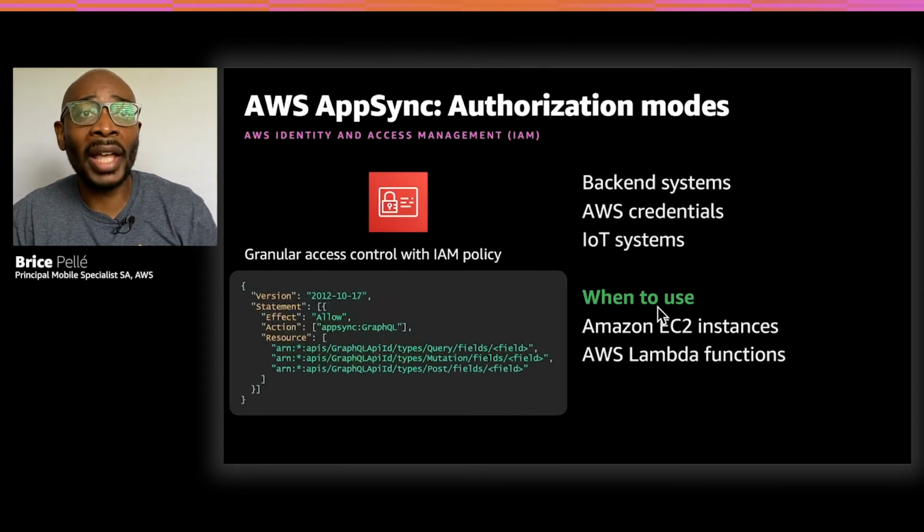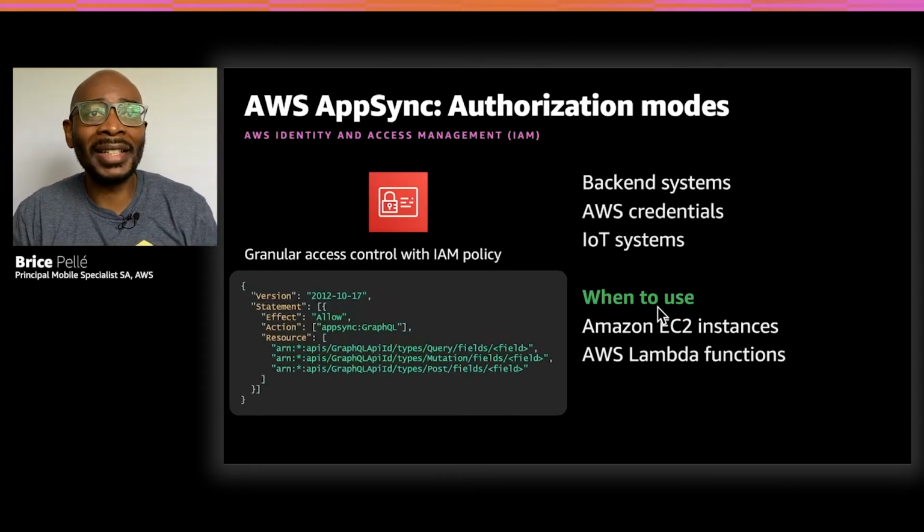The last mode that we'll look at is the AWS Identity and Access Management mode. So this is a mode where you essentially use IAM to write permissions that grant access to AppSync.